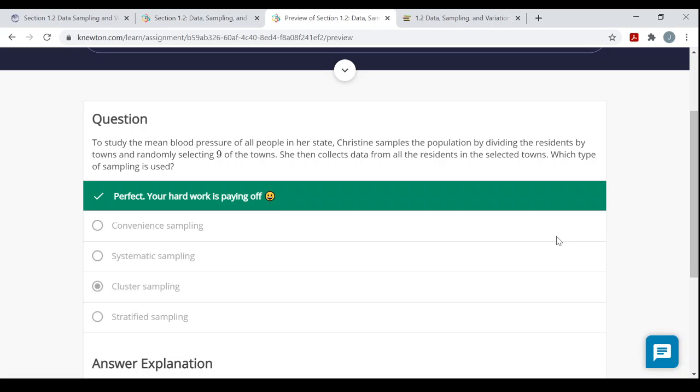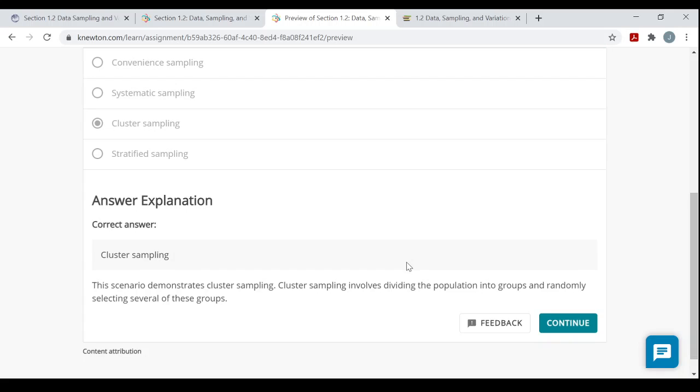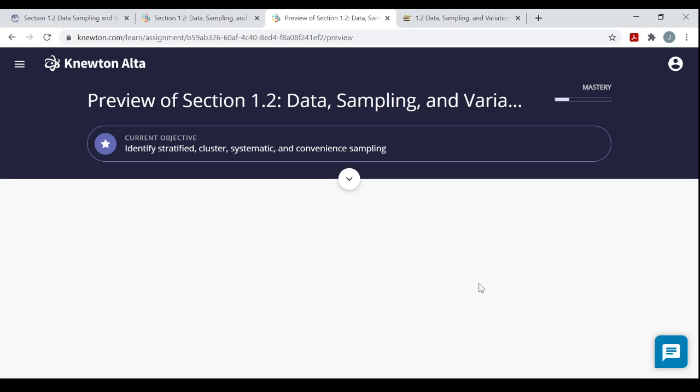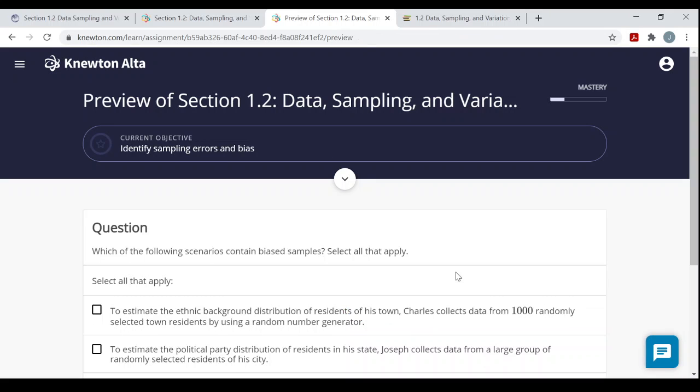But if you ever have trouble, just click back on more instruction, or maybe even go back and read the OpenStax section again, watch the videos again, and if you're really struggling, take a screenshot of the problem and send it to me and ask me if I could help you out. All right. But there's lots of stuff you can do before you get to talking to me or talking to a tutor. All right, so now I continue and move on to the next objective.